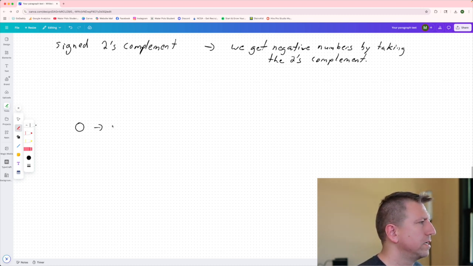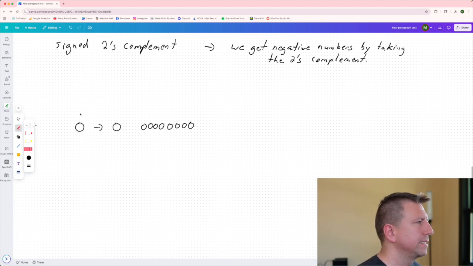I'm going to write these in decimal form and then some of the numbers here in binary form. So for our 8-bit number, 00000000 is going to represent the number 0, and for the unsigned number, it would also represent the number 0.